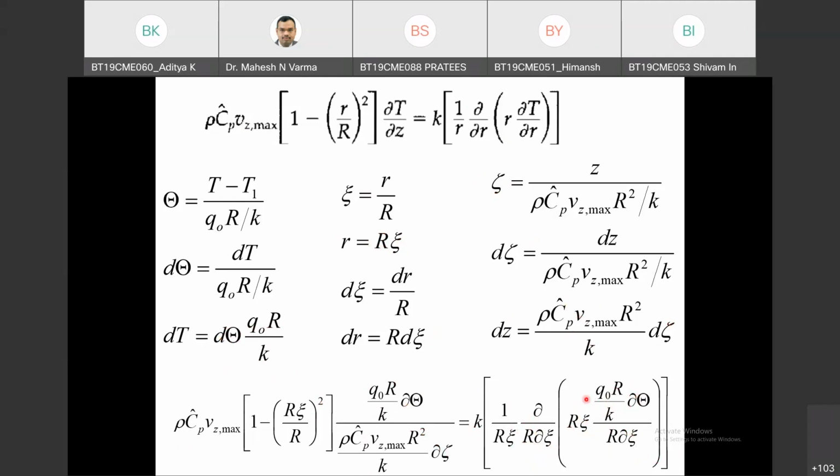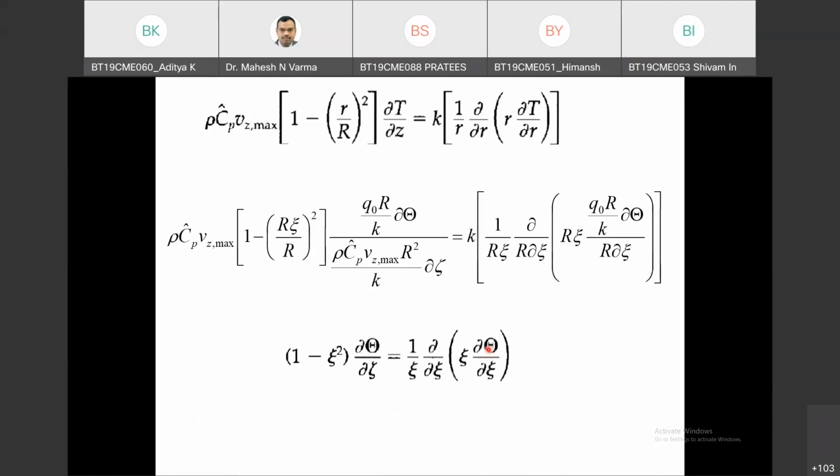Take out all the constants. q0 is constant, R is constant, k is constant. Take out all the constants and rearrange the equation. Take out this R constant.